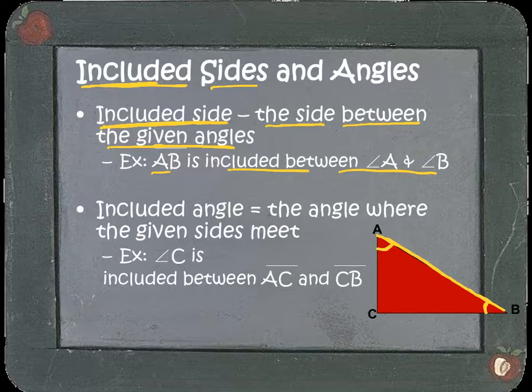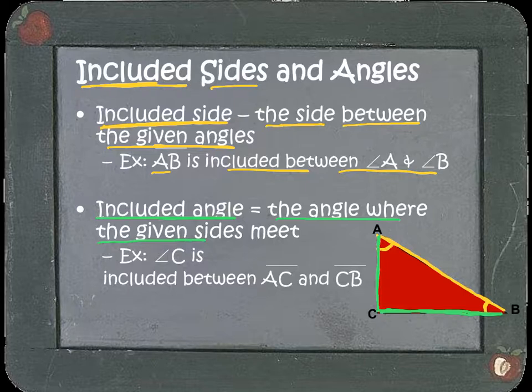When we talk about included angles, it is the angle where the given sides meet. So let's say that we're talking about AC and CB. Where those two lines meet up, kind of like chopsticks pinching a piece of food, is an angle.